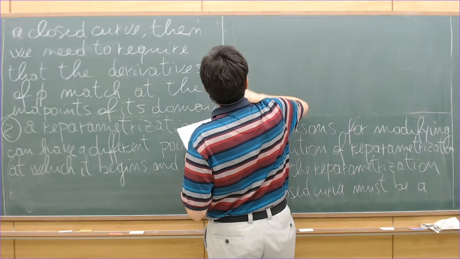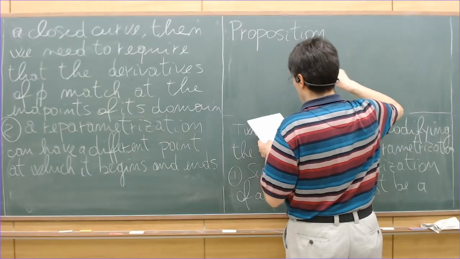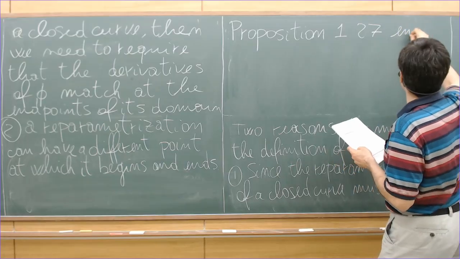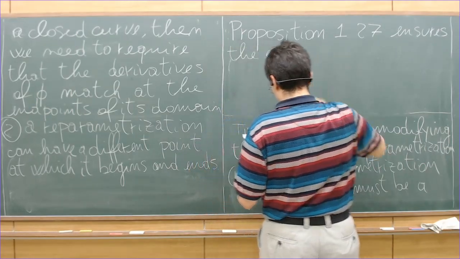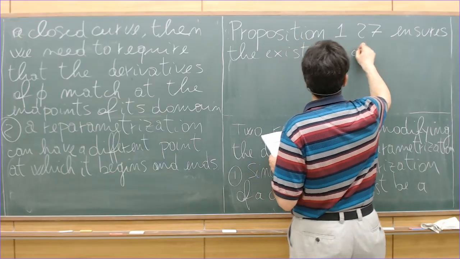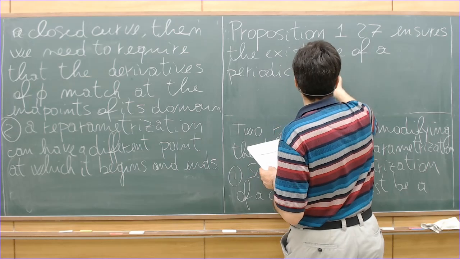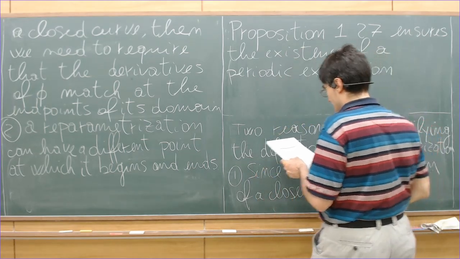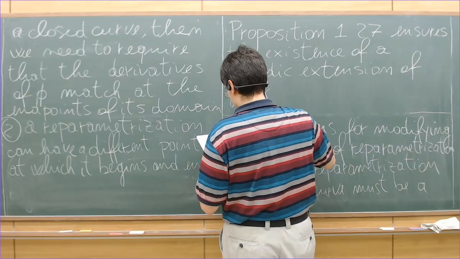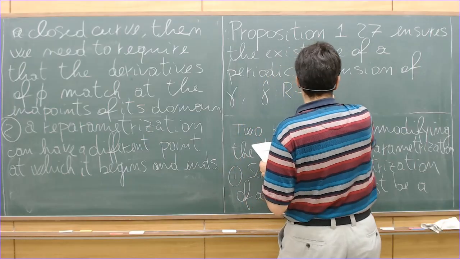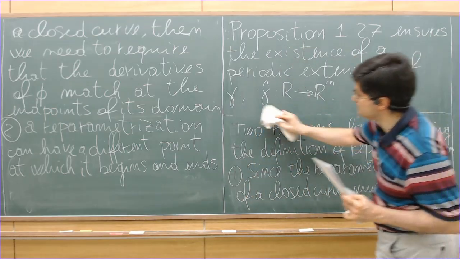We proved last time Proposition 1.27, which ensures the existence of a periodic extension of a curve gamma, gamma hat from R with values in R^n, and we are going to use it in the following way.